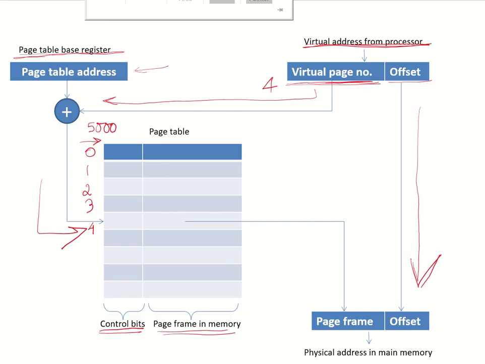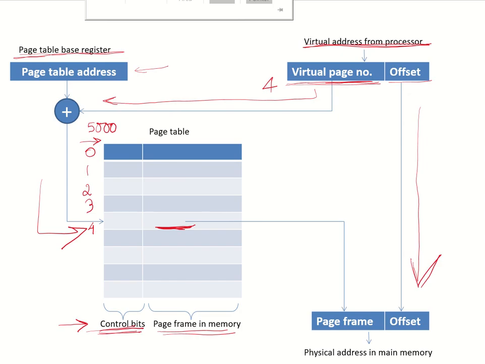Now if the valid bit in the control bits is 0, that means this page is not available in the main memory, and so in that case it will be fetched from the hard disk and brought into the main memory, and that page frame will be stored over here. If the validity information says that this page is available, then the page frame is checked.